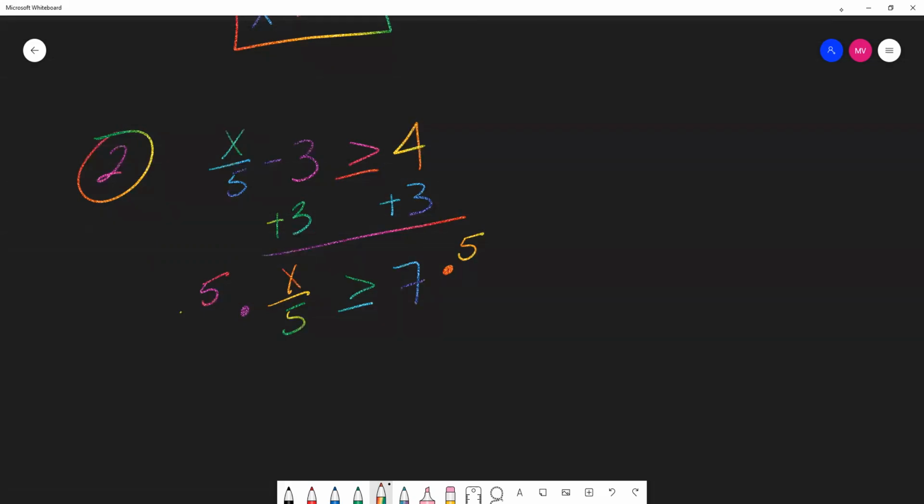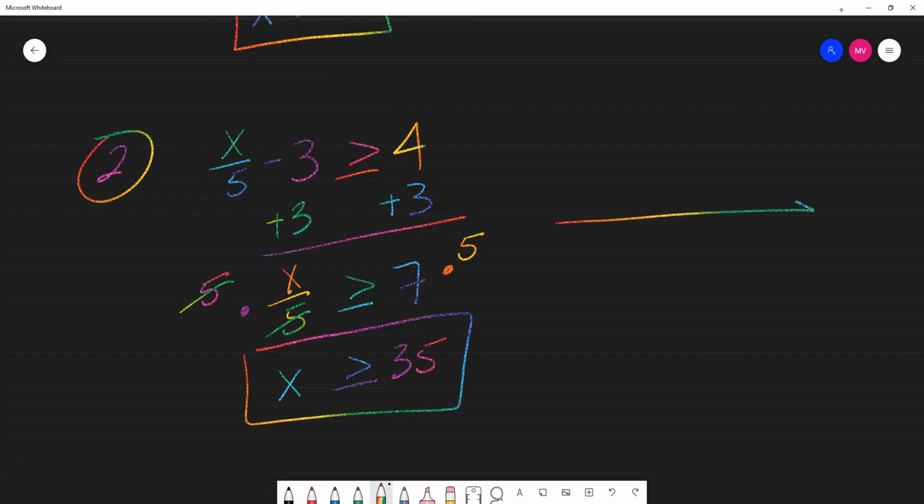All right, so this becomes 1 and x is greater than or equal to what? Right. All right, so we graph that. Over 35, 36, 37. All right, and where does our graph start?